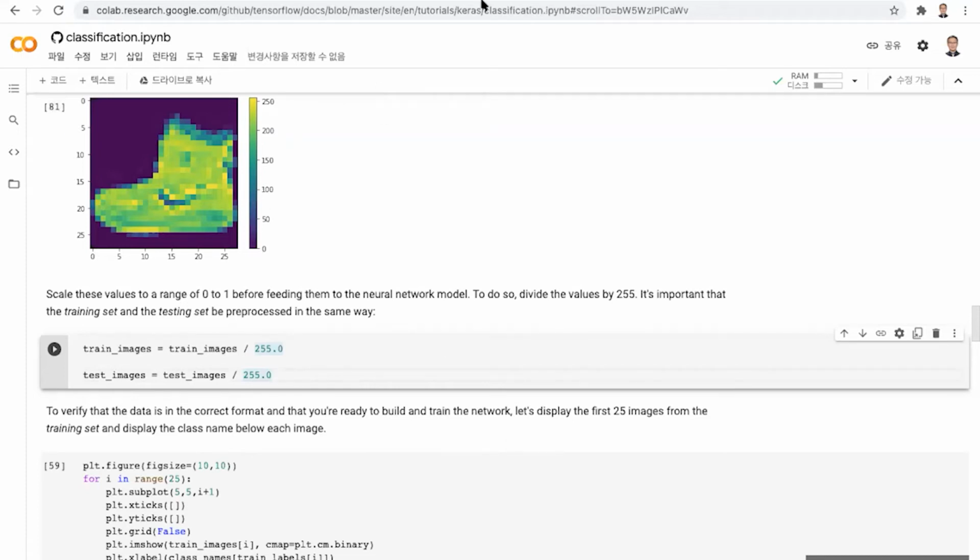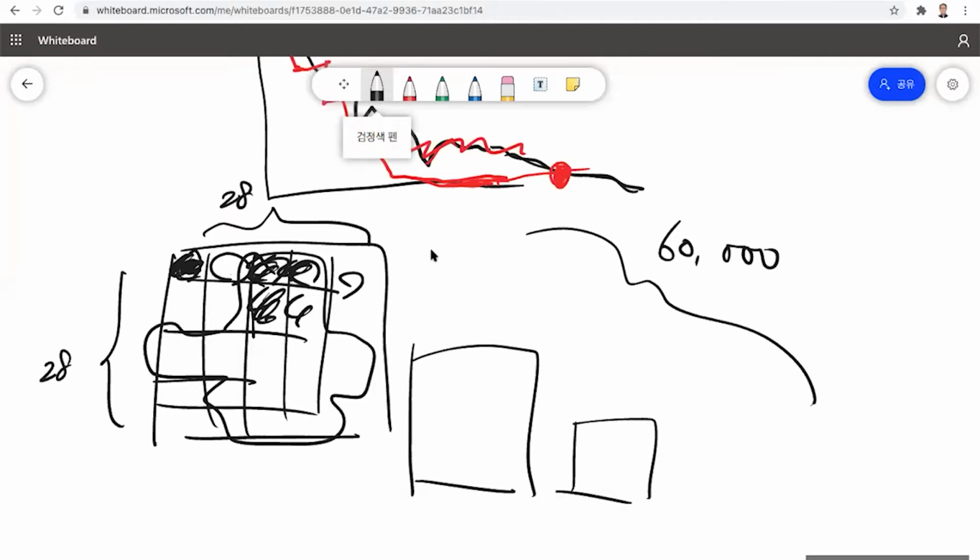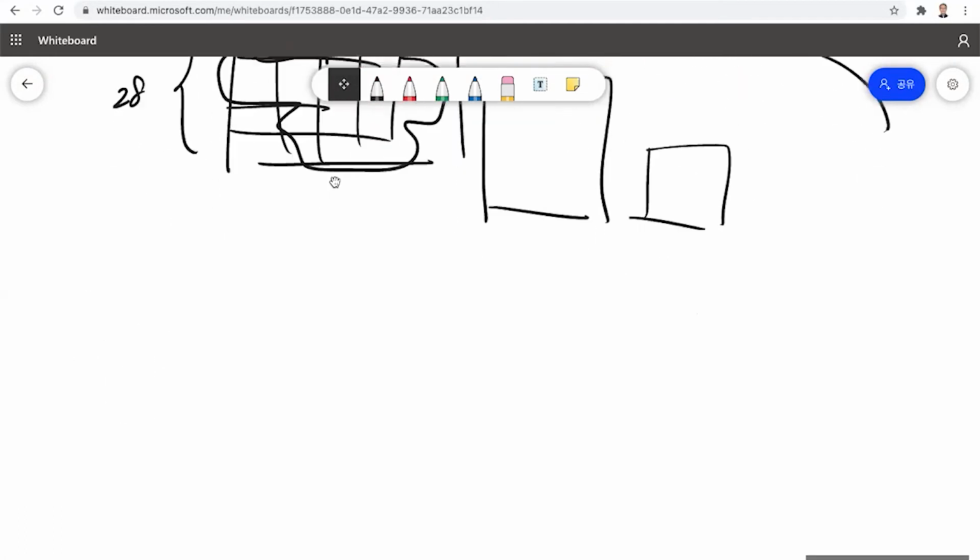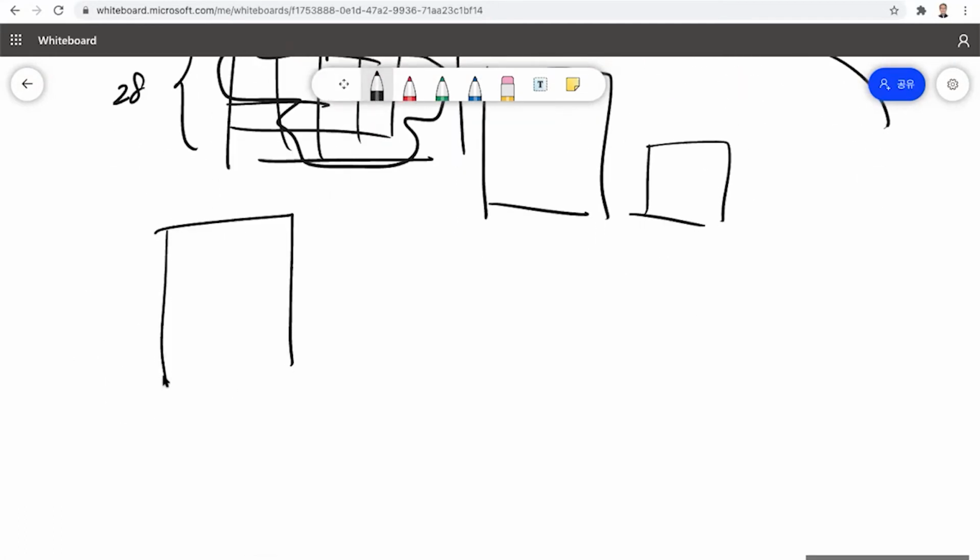But here, they wanted values between 0 and 1, because for every pixel, 0 to 255 is the actual number of this pixel. And if we divide by 255, it will be in this range. So every number is, in some sense, normalized so that we can get a better prediction.